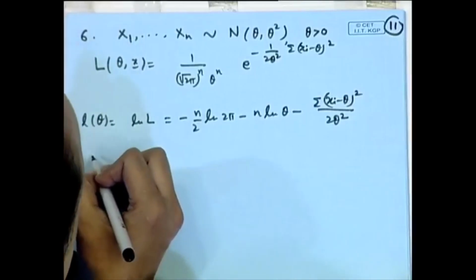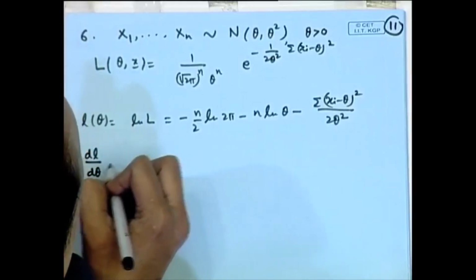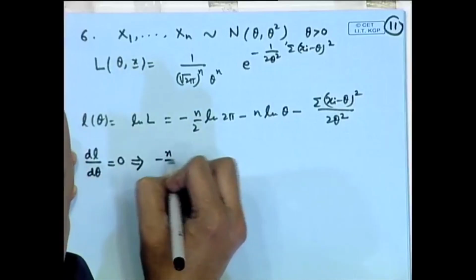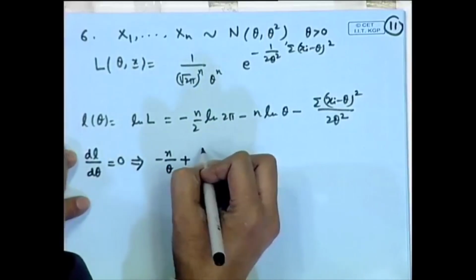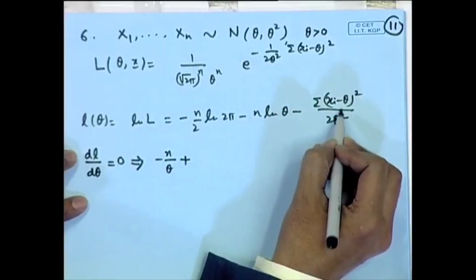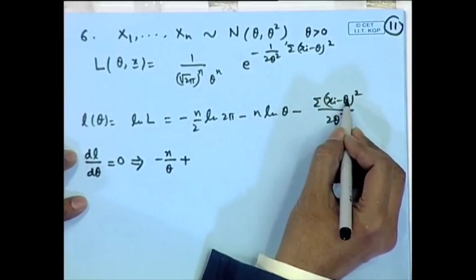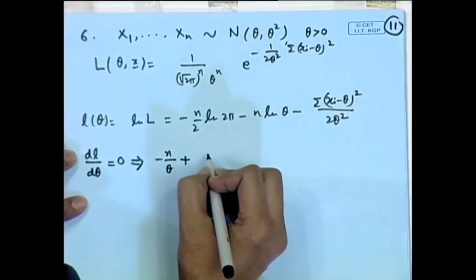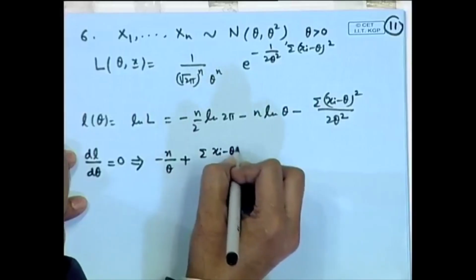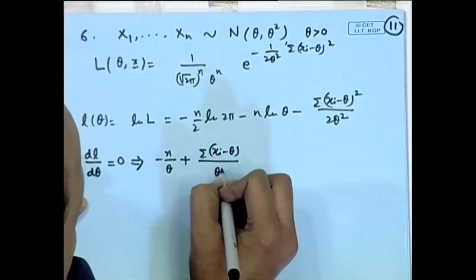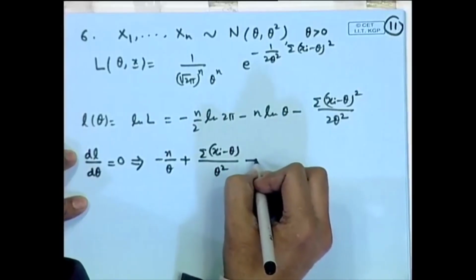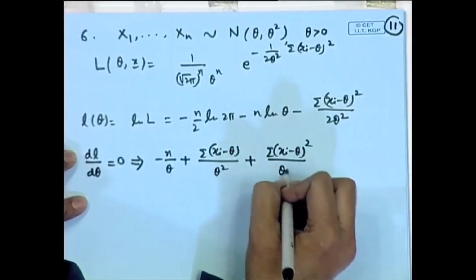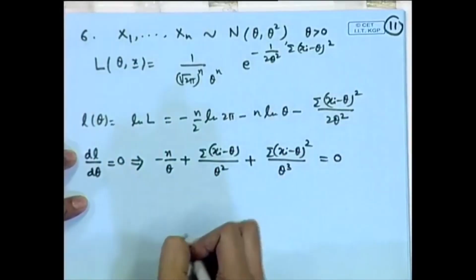So, what is the likelihood equation here? dL by d theta equal to 0 gives minus n by theta plus, now, if I consider this term, it has theta in the numerator as well as in the denominator, so the derivative will come in two terms: sigma (xi minus theta) by theta square plus sigma (xi minus theta) square by theta cube is equal to 0.